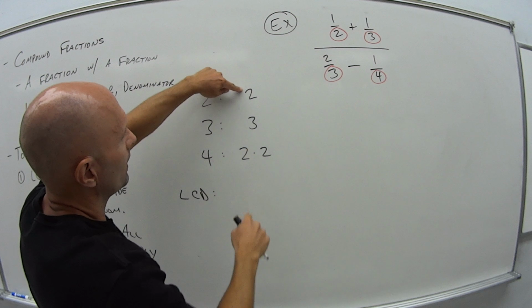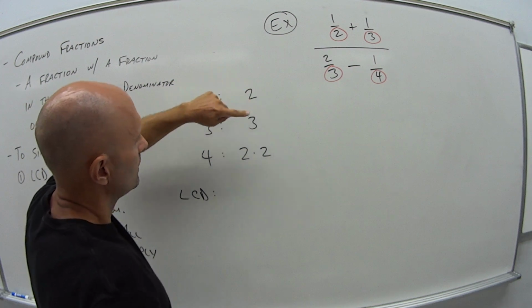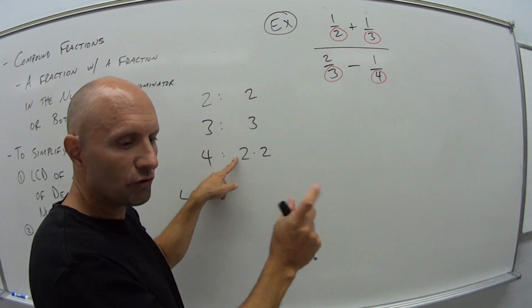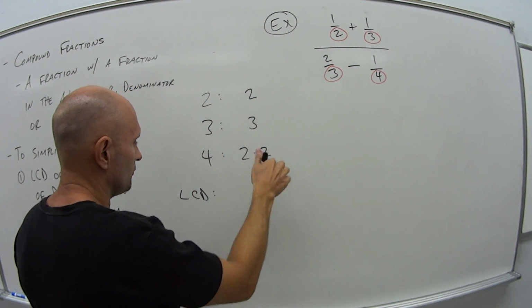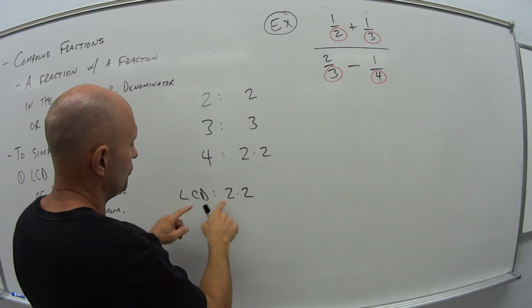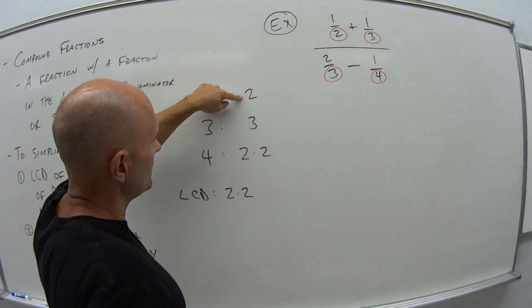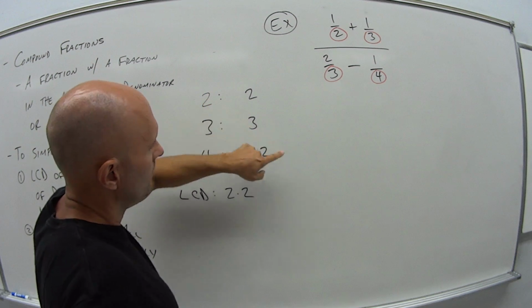So how many 2's do I have? I have 1, 2 here, none. I want to use it the most number of times it appears, which is 2 times. So I need it 2 times in my LCD. Now let's do 3. I have none here, 1 here, none here.